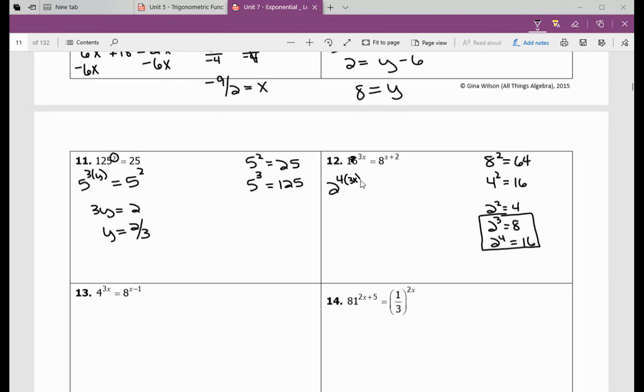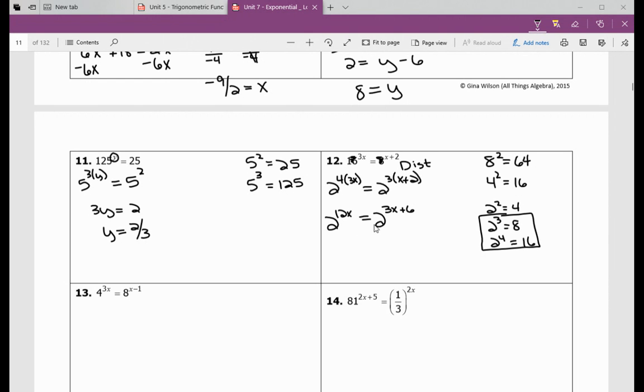Multiply by that 3x. Then I have 2 to the third, which replaces the 8. And you're going to multiply there. So on the left, I get 2 to the 12x power. 3 times 4 is 12. Here, I actually physically have to distribute. So 3x plus 6.